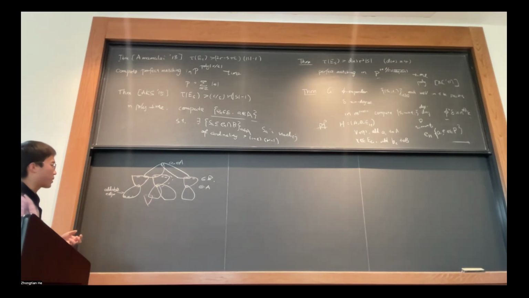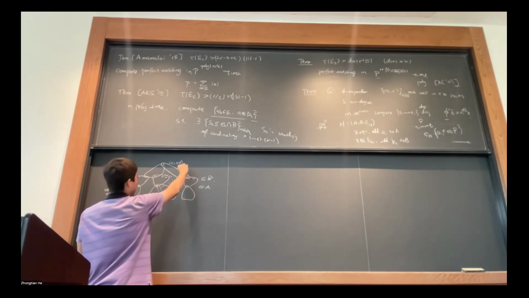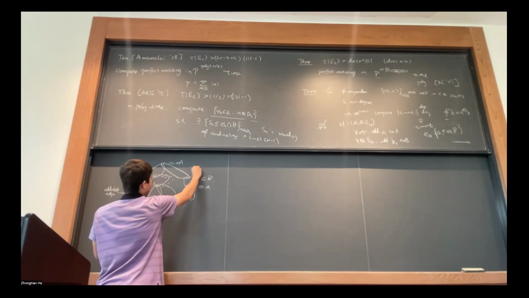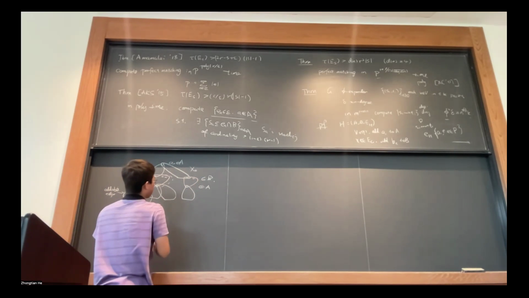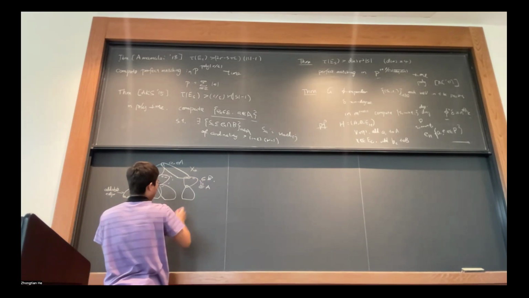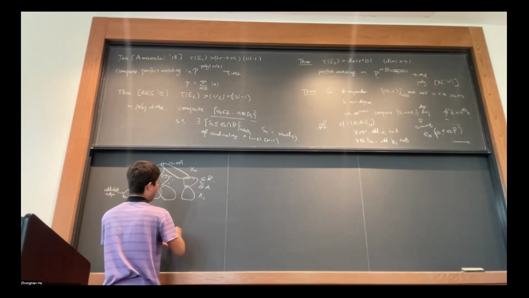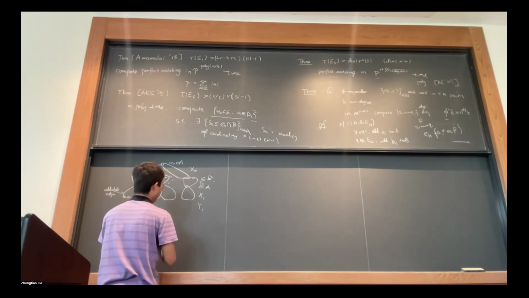We'll set up a parameter mu. There are a lot of parameters, so let me set them one by one. We call these white edges x0 and these red edges y0, then x1, y1, and so on.